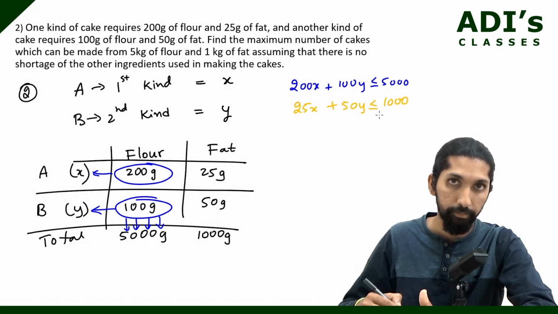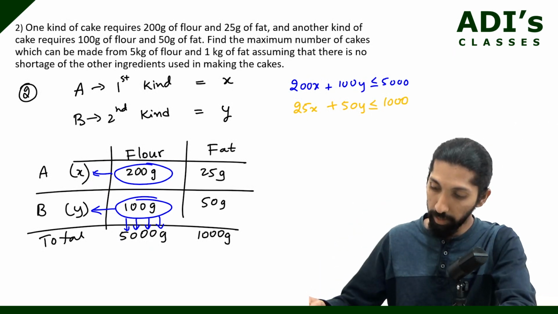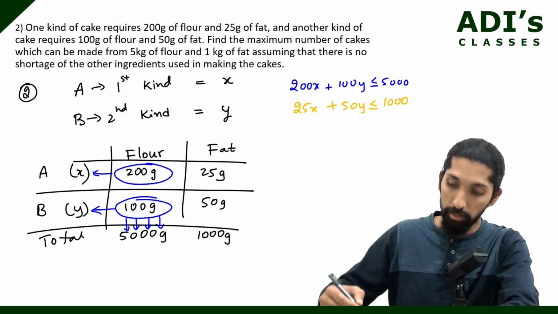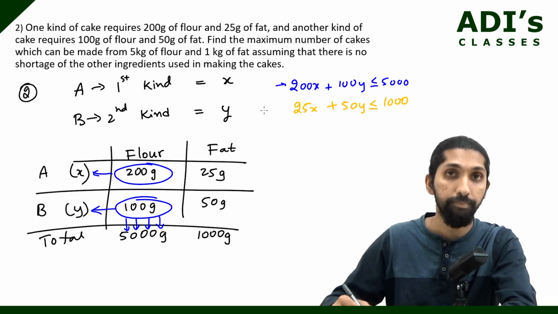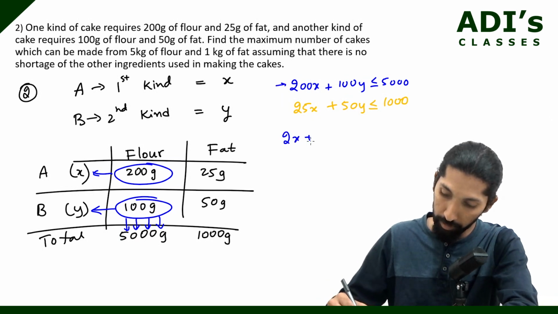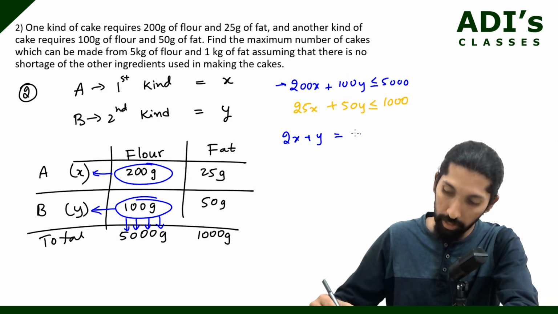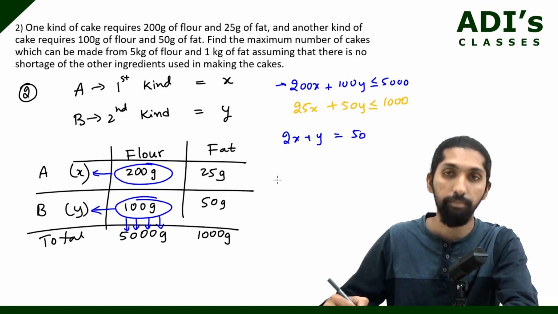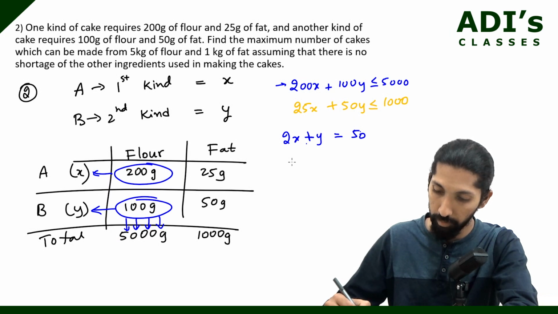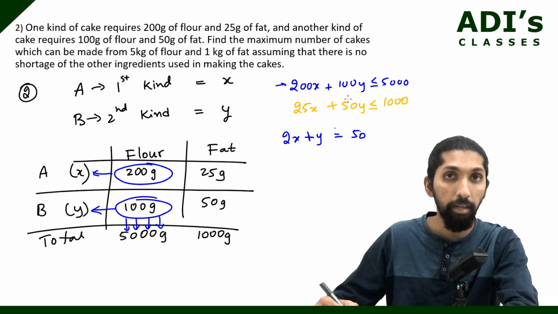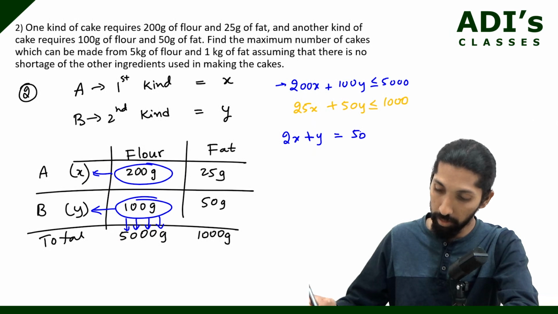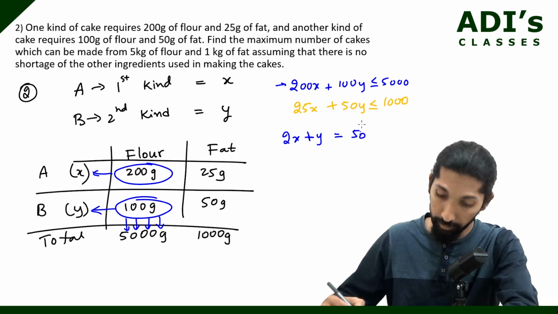Same logic, correct? See the first equation, guys, we can simplify this one. You can take 100 common: 2x plus y is 50, because I'm dividing by 100. The next equation is going to be divided by 25.